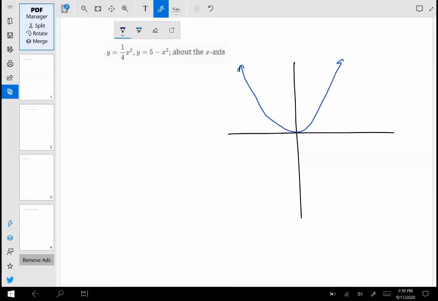Now that's a parabola facing upward. Then we have the 5 minus x squared. That one's a parabola facing downward. We're going to rotate about the x-axis, and it's the region enclosed by those things, so it's just this spot in here that we're rotating around.